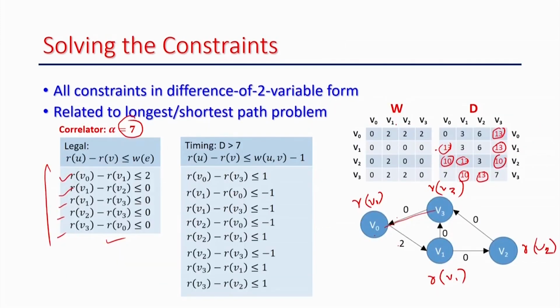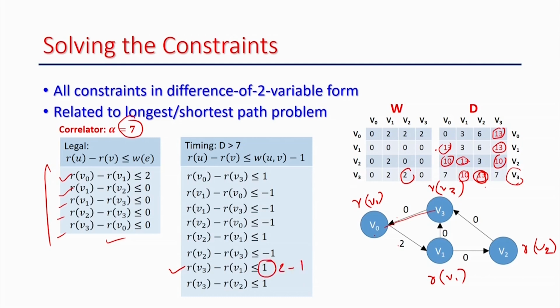So, if you consider this value, this is V3 minus V1, that means RV3 minus RV1 should be WUV, and WUV of V3 V1 is 2, minus 1. So, this will become 1, right, 2 minus 1.